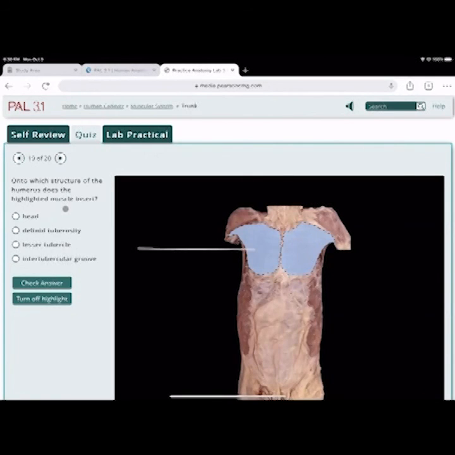And which structure of the humerus does the highlighted muscle insert? Okay, what's the highlighted muscle? Pectoralis major. Onto what surface of the humerus does the pectoralis major insert? It inserts on the head of the humerus, the deltoid tuberosity, the lesser tubercle, or the intertubercular groove.